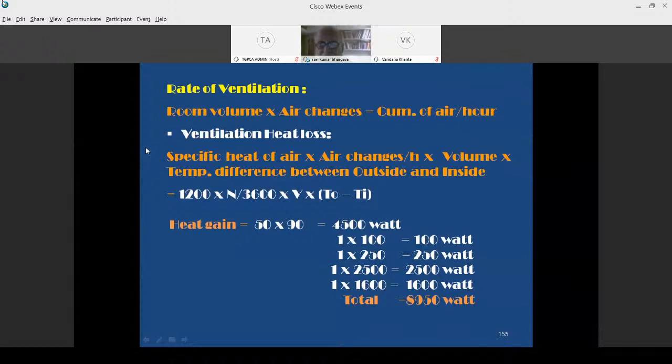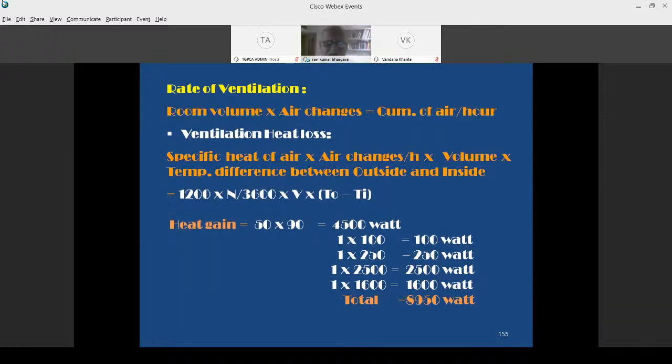In our case, it is 5 degrees. I hope you remember. So we want to calculate capital N. What is capital N? The number of air changes. It will tell us how many air changes will be required to nullify this 5 degree centigrade gain, as well as the increase in temperature.